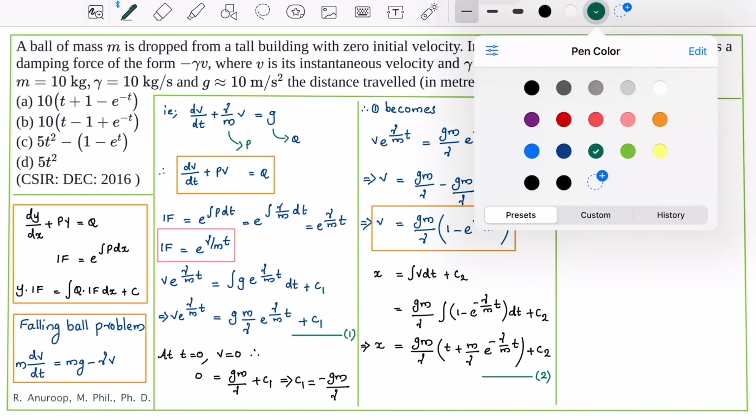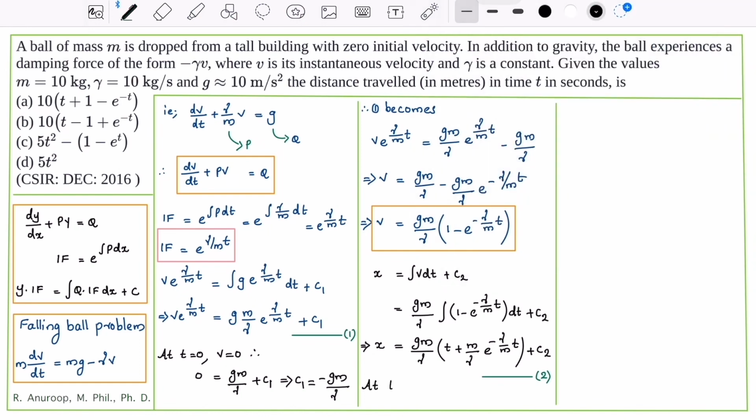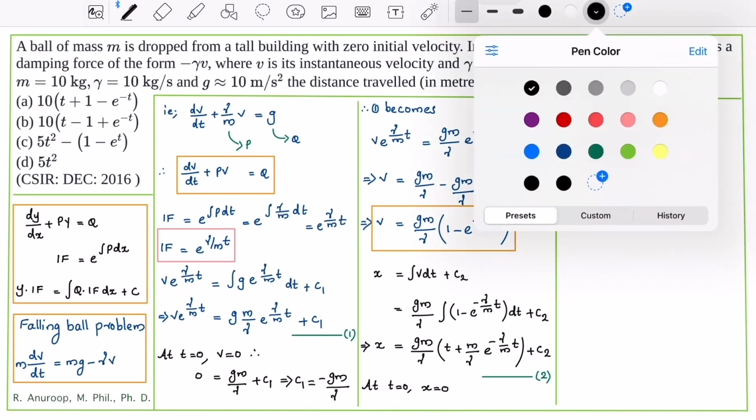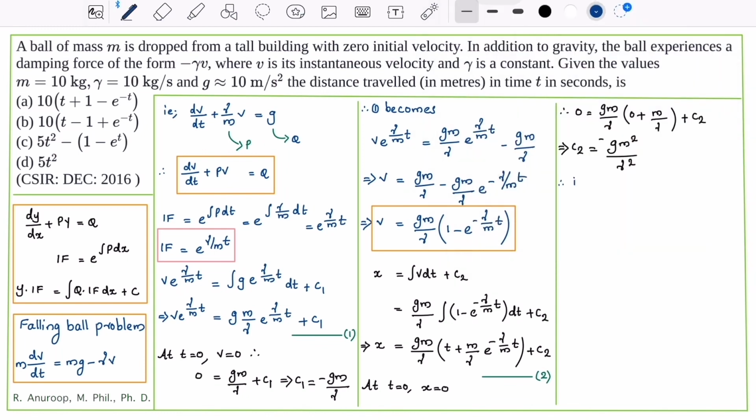We have to find out the constant of integration c2. At t equal to 0, the distance traveled is 0, that is 0 is equal to gm by gamma, then 0 plus m by gamma, plus c2, that is c2 is equal to minus gm square by gamma square. Now substitute the value of c2 in equation 2.